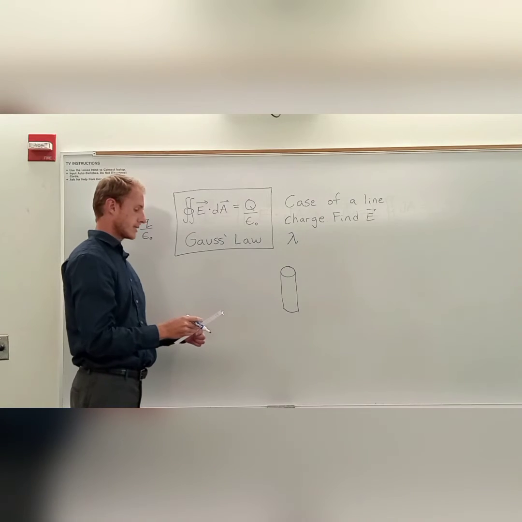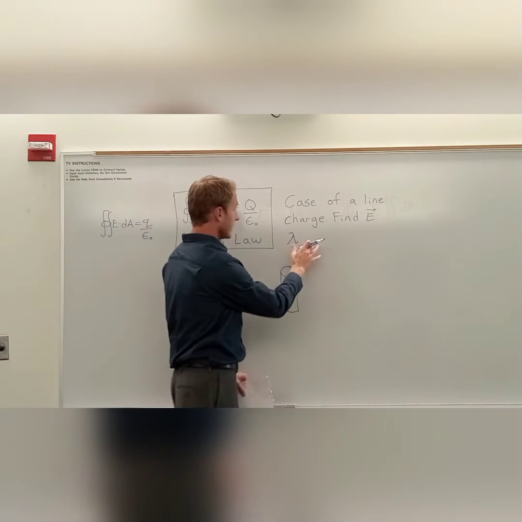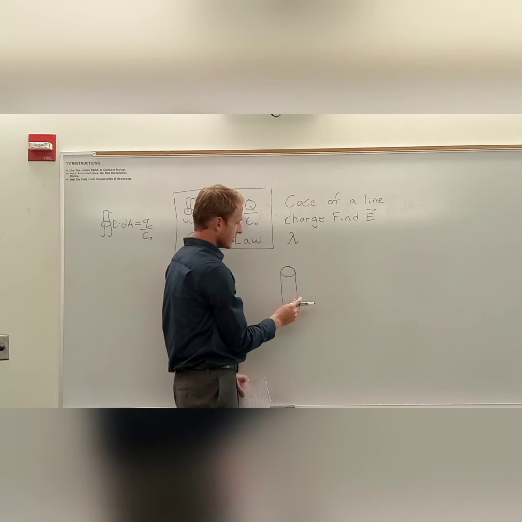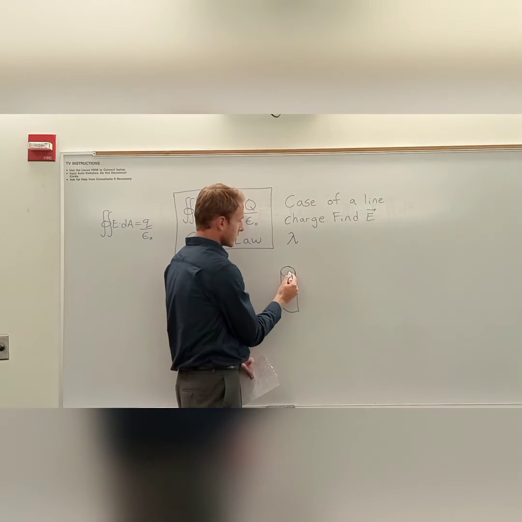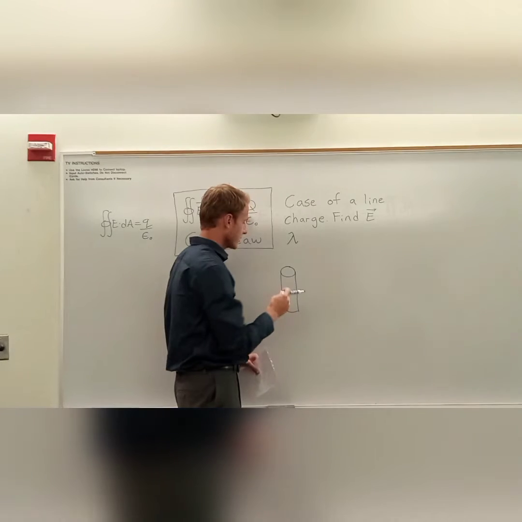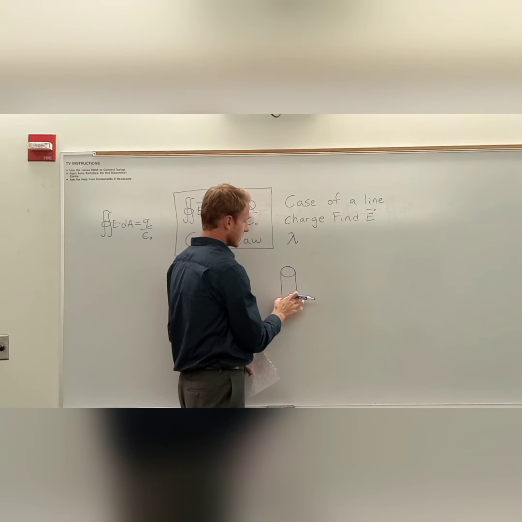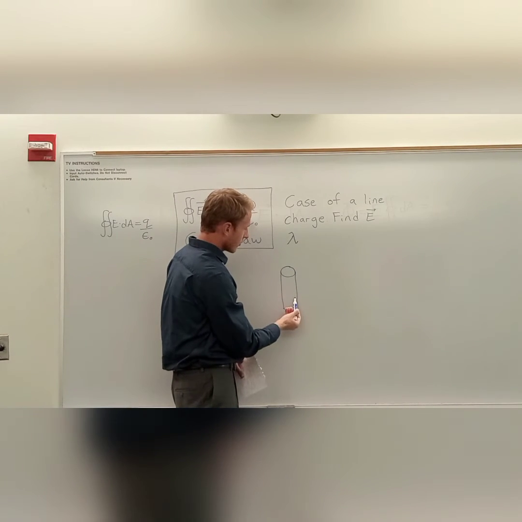So we have to find the electric field on each surface of the cylinder. The surface of the cylinder has a side wrapped around it, and it has a top and a bottom.